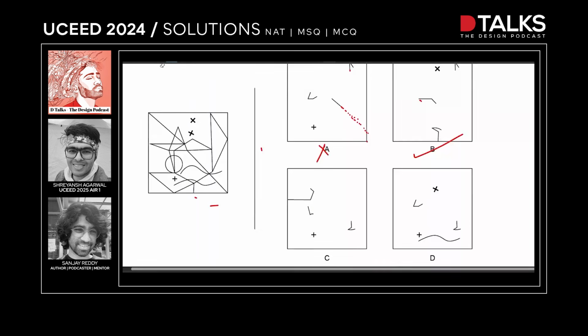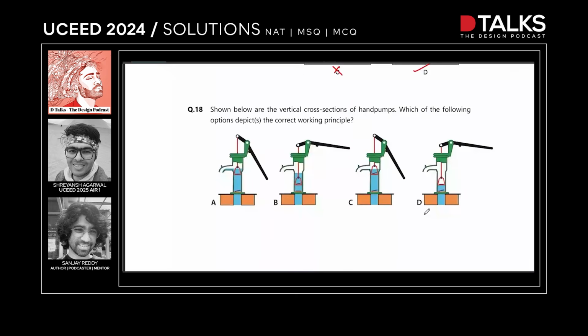So C is not right. And then D is fine. Yeah, D is perfectly fine. So B and D. Just a general observation: 18 is also pretty straightforward, is what I feel. Pretty straightforward.